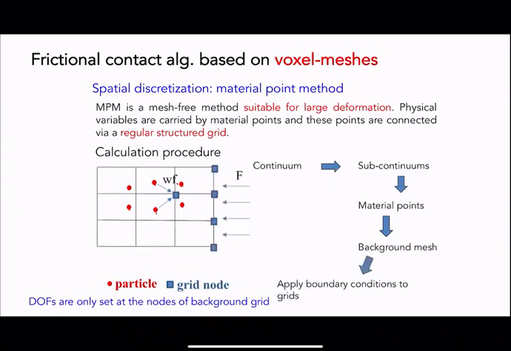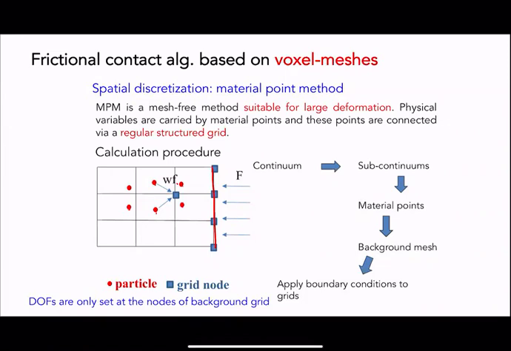If the boundary is conformal to the mesh, we can simply apply the boundary at the grid, or if it's not, we can project it back to the closest grid and then interpolate or extrapolate the boundary conditions.